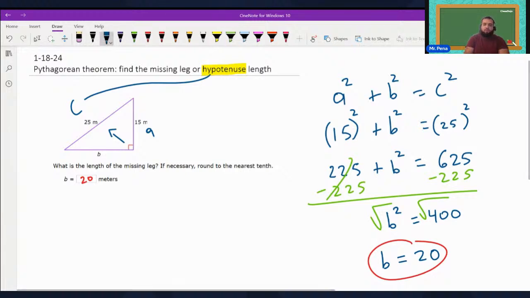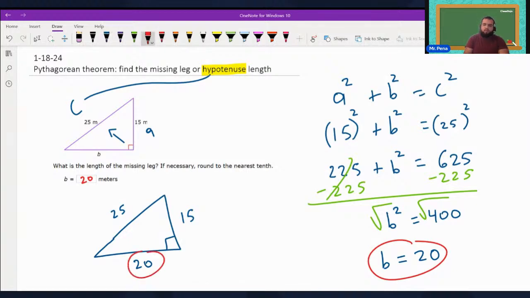So we have a triangle, a right triangle. Pretend it's a right triangle. This is 15 meters, 25 meters, 20 meters. This is what we were looking for. Very good.